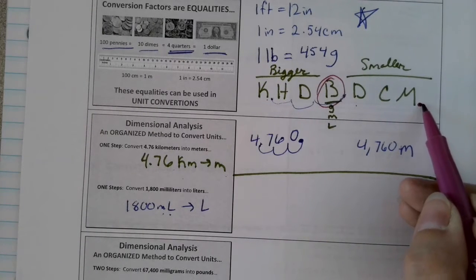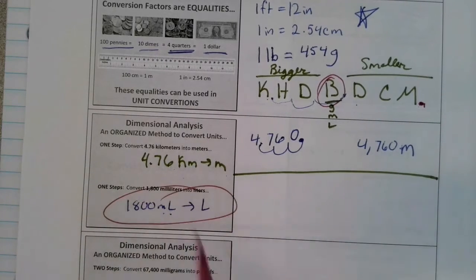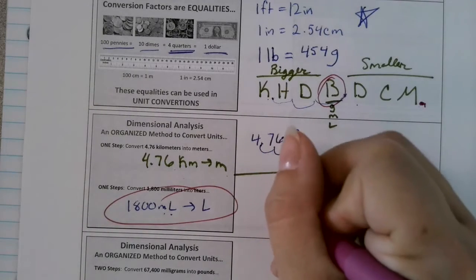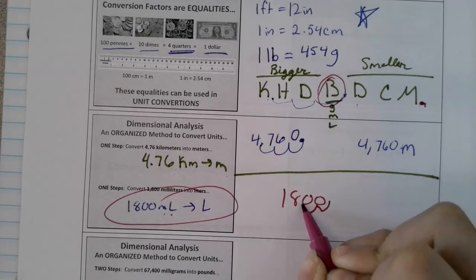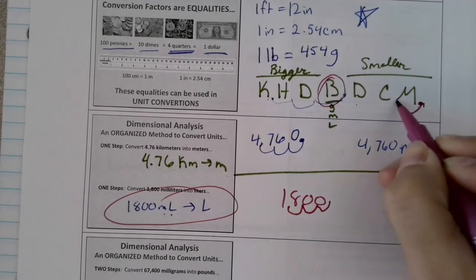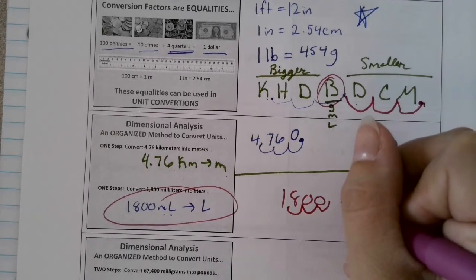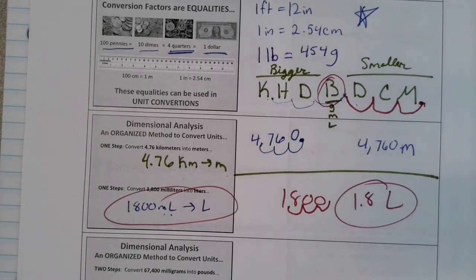So I'm going to pause it here, and I want for y'all to try to convert this yourself. You should end up getting 1, 2, 3, because we're moving that decimal 1, 2, 3 times, 1.8 liters.